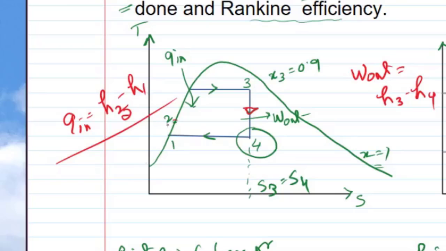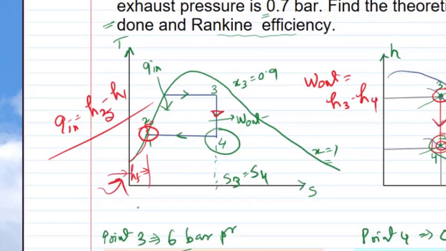We consider that the whole amount of heat is supplied in the boiler itself. H3 we know, but we have to find the value of H1. That means at this point the amount of enthalpy is equal to HF, sensible heat.